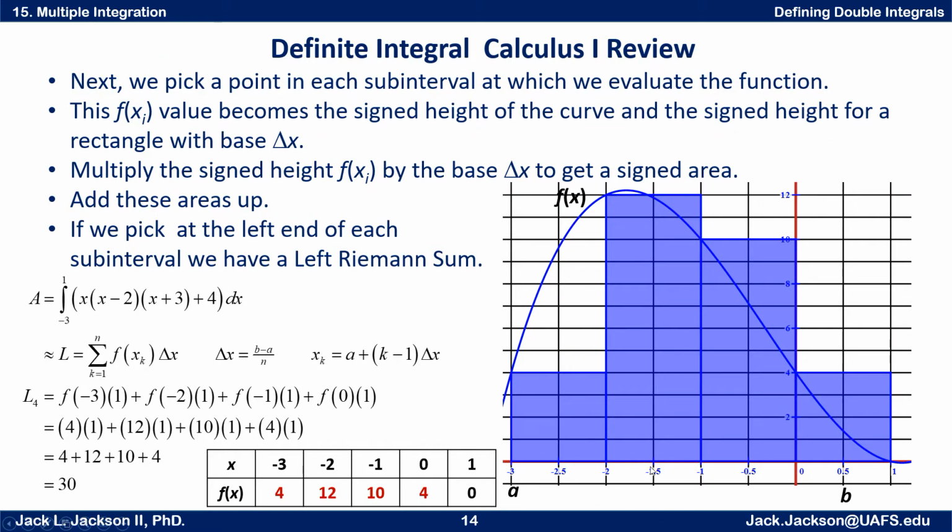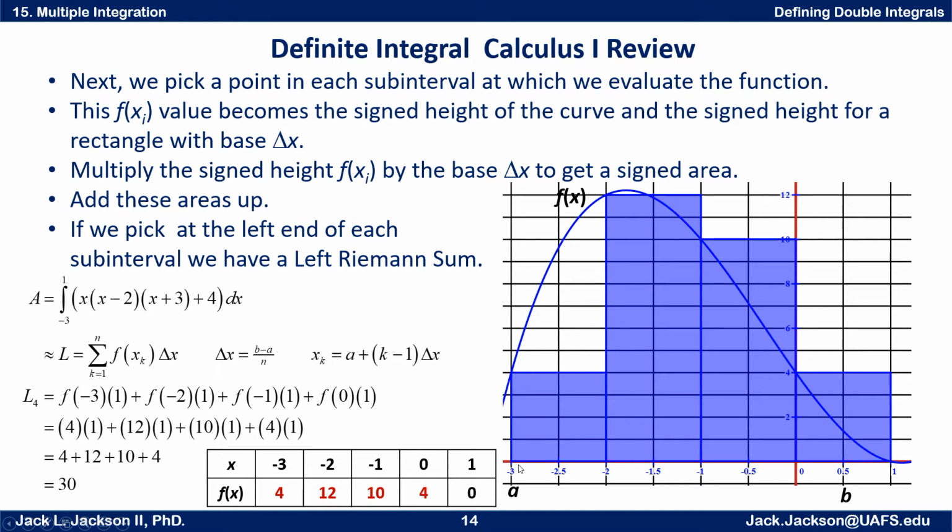Now, once we divided this into sub-intervals in Calculus 1, our next step was to make rectangles. How do we find the height of the rectangle? It was the same as the height of the curve. But of course, there are infinitely many different heights of a curve on a particular subinterval.